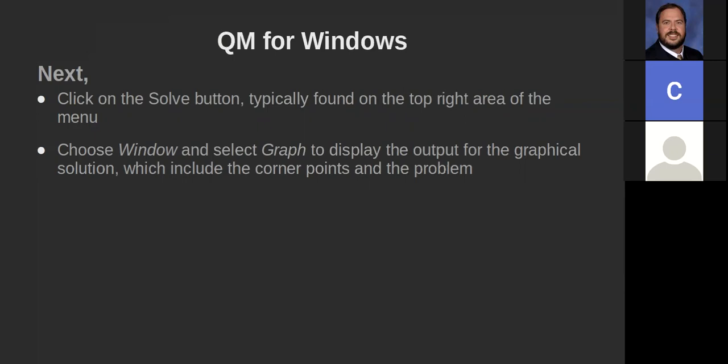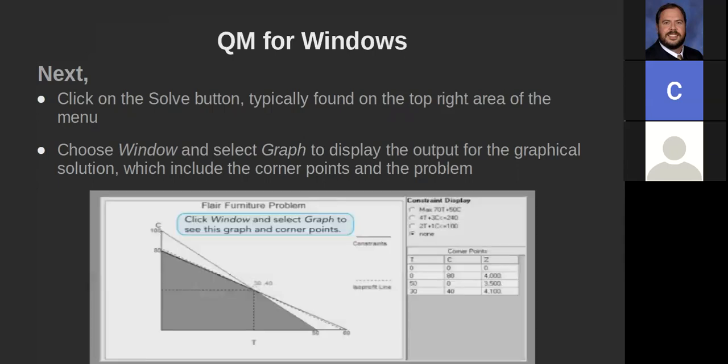At this point, you will click the Solve button, typically located up on the top right area of the menu. Then choose Window and select Graph if you want to display the output for the graphical solution. This will include the corner points and the problem.